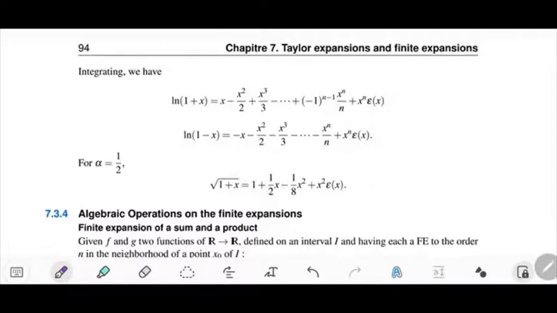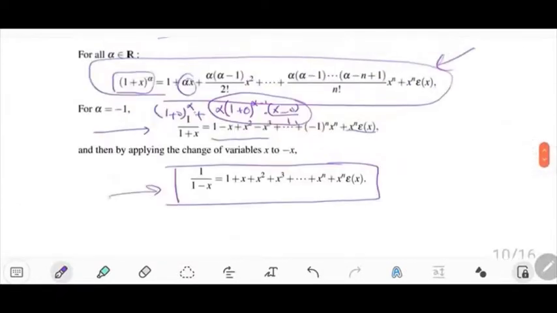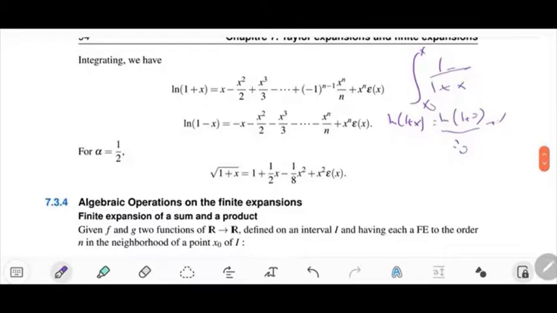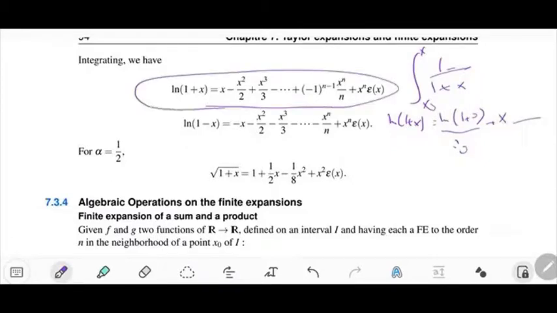Then if we integrate 1 over 1 plus x between x0 and x, we will have ln of 1 plus x minus ln of 1 plus 0, that I will take to the other side, which is ln of 1, so it's equal to 0, plus the first term of the expression 1 over 1 plus x was 1, so integrating 1 between x0 and x, it will give x, and so on. So you will have this expression for ln of 1 plus x. Of course, I repeat that you should try to do it by yourselves to practice a little bit how we are calculating them.